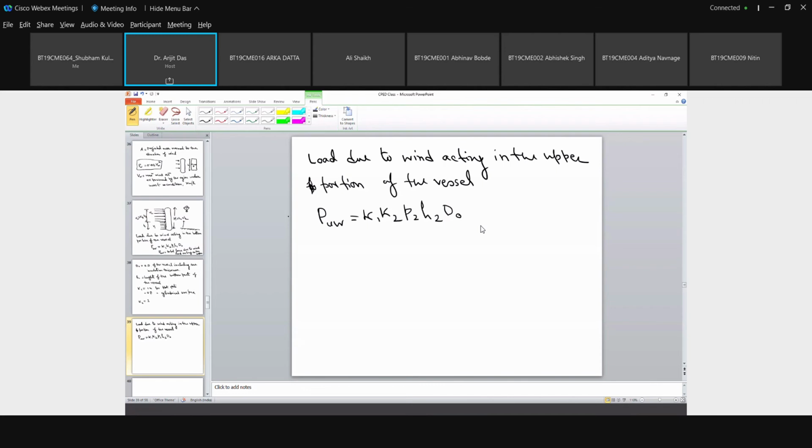Now what will happen with these wind loads? They will try to bend the pressure vessel. So there will always be a bending stress and a bending moment. So we will calculate the stress due to bending moment.